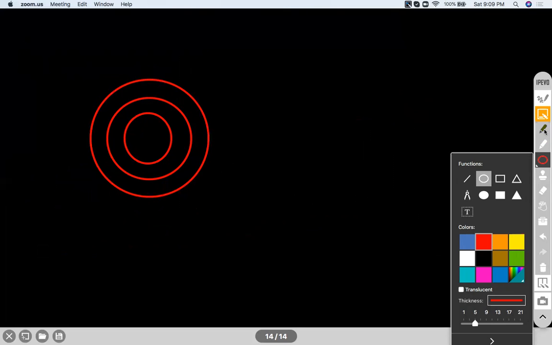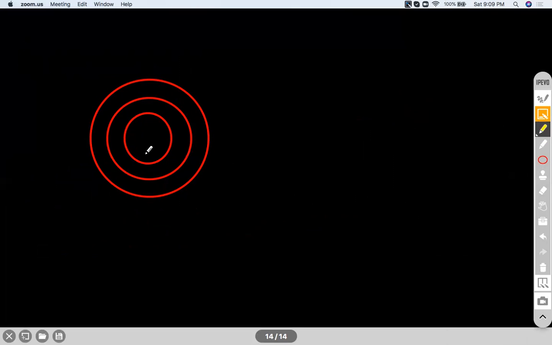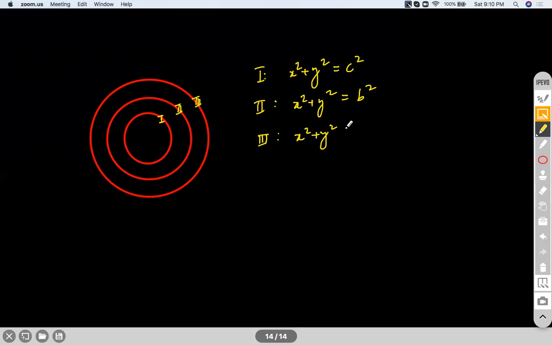Let me call them circle 1, circle 2, circle 3. Circle 1 equation is x square plus y square is equal to c square. Circle 2 equation is x square plus y square is equal to b square. And circle 3 equation is x square plus y square is equal to c square.